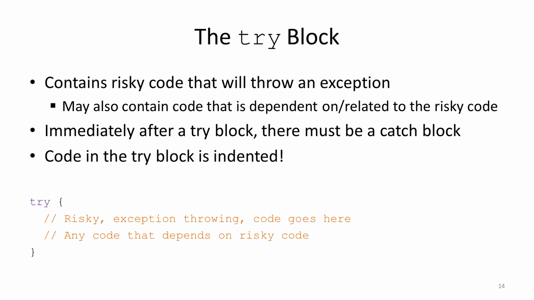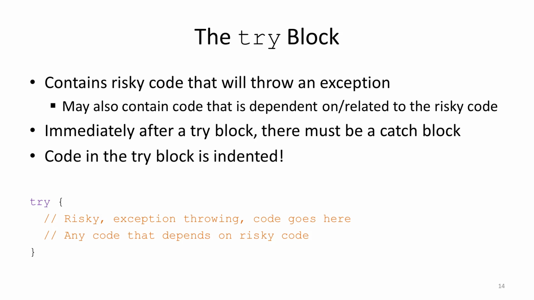Also note the curly brackets. So try is a reserved word. It should turn purple when you type it into JGrasp. So you say try, a space, and then opening and closing curly bracket, and then give yourself some working space between those curly brackets. Now the code inside the try is indented.